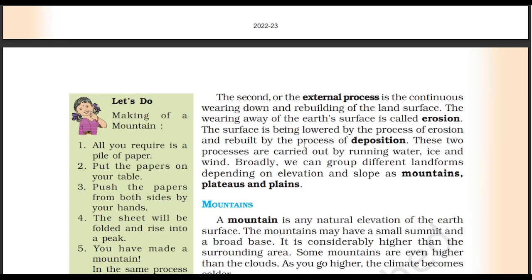The surface is being lowered by the process of erosion and rebuilt by the process of deposition. It means through erosion the surface gets eroded and through deposition the surface gets built. For example, this is land and this is a river; the river cuts the land and deposits here. This is the erosion process and this is the deposition process.